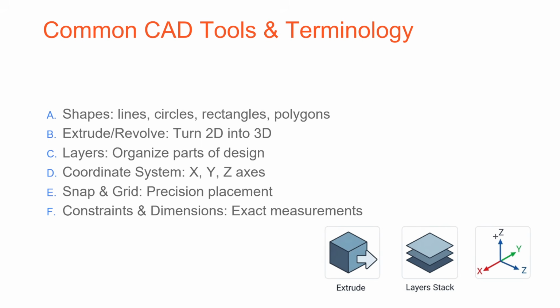And next is snap and grid. These tools help you place objects precisely without guessing. So no need to guess, we can use snap and grid. The next is constraints and dimensions. These ensure your objects have exact measurements and relationships. For example, making sure two lines remain perpendicular.